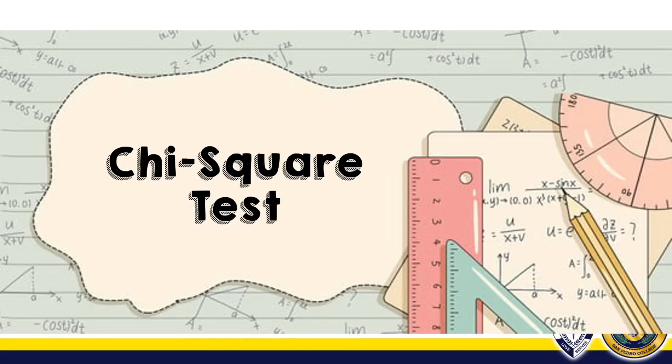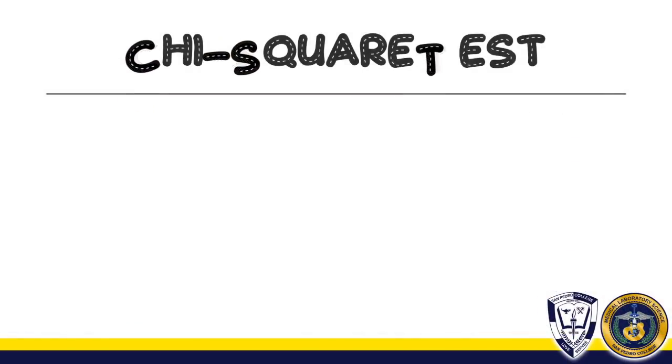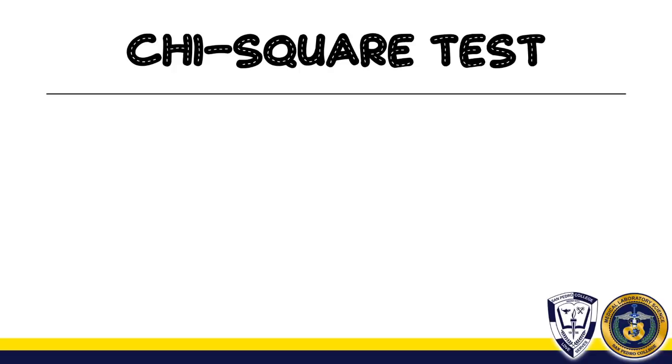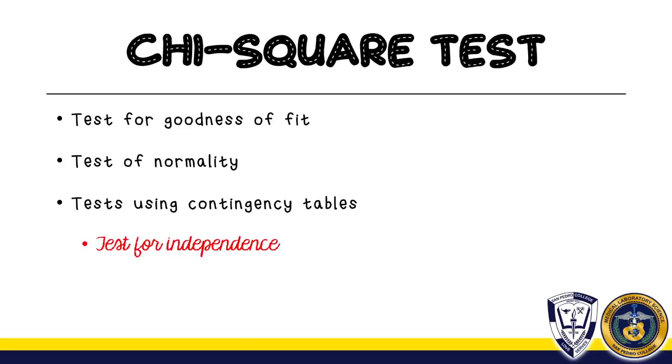So, let us now go to the last part of our non-parametric statistics topic, and that is your chi-square. Again, there are a lot of types of chi-square tests, and I guess you discussed chi-square in your parametric tests. But for our non-parametric, there are 4 different chi-square tests that we need to discuss.